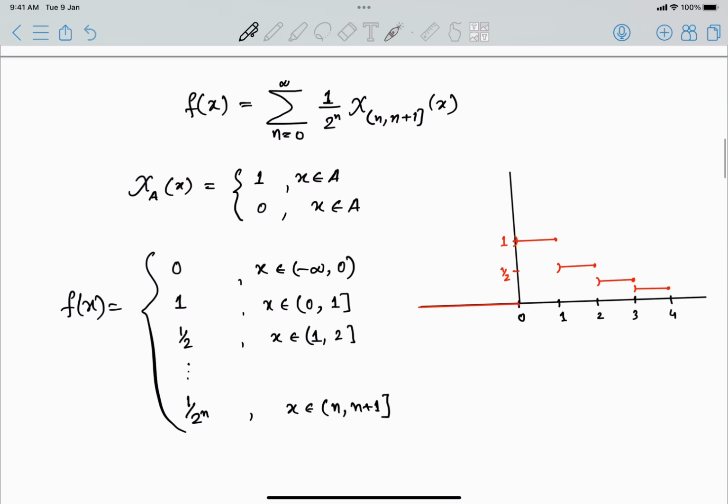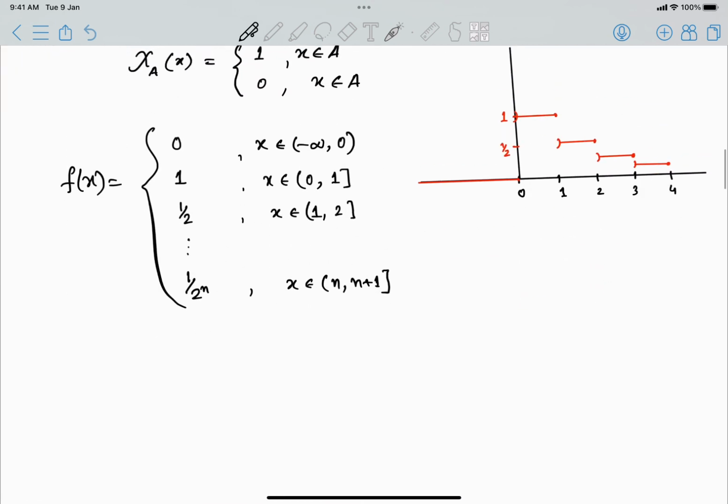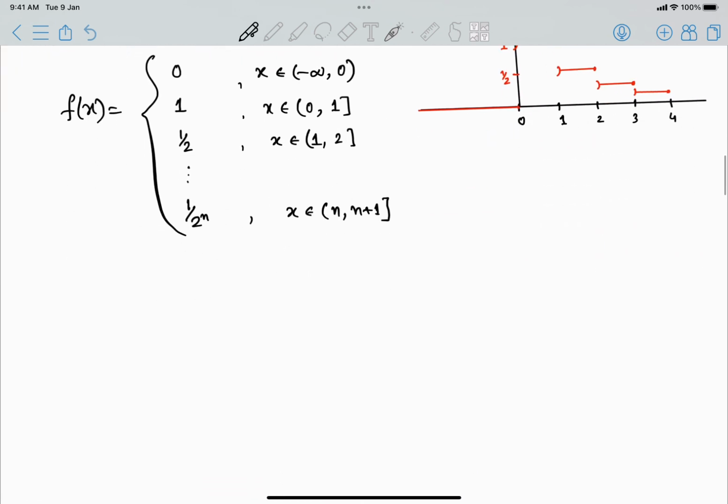Okay, now let's check what we have to find. S alpha is given, and first you have to find whether S half is open or not. What is S alpha? For alpha belonging to the real numbers, you define S alpha as all such x in R such that f(x) is strictly bigger than alpha.